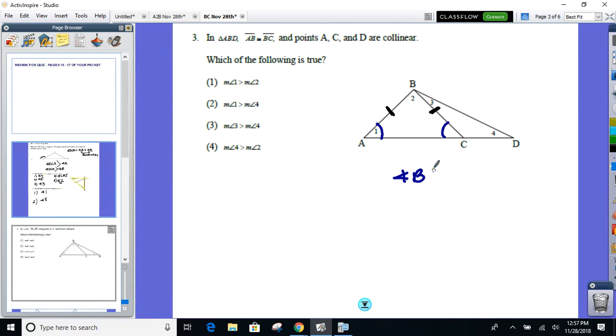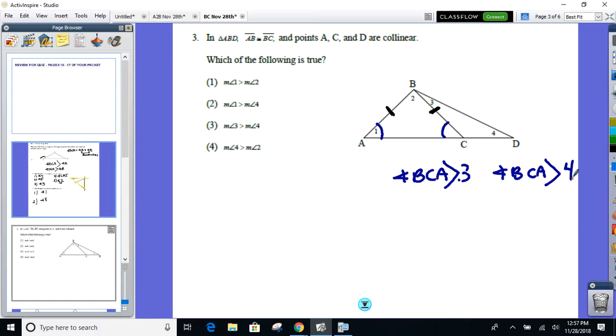Isn't that an exterior angle for this triangle on the right? So tell me two angles that BCA is definitely greater than. Angle 3, and it's definitely greater than angle 4. Everyone agrees there, because again, exterior angle, and those two are remote interiors for triangle BCD.